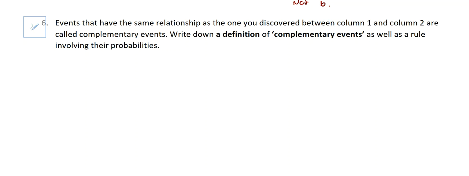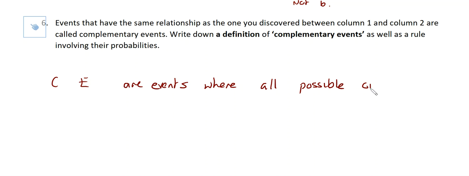Well, I was hoping what we'd get to is complementary events, okay, are events where all possible outcomes are listed or covered or included or whatever you want for that word. Yeah? So two complementary events means that all possible outcomes are included.